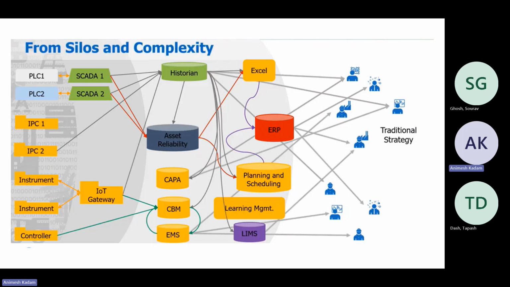So this is the main reason why nowadays everyone is going towards the PI System or any other MES system, because most of the time all of your information or all of your data is scattered and it is in silos.